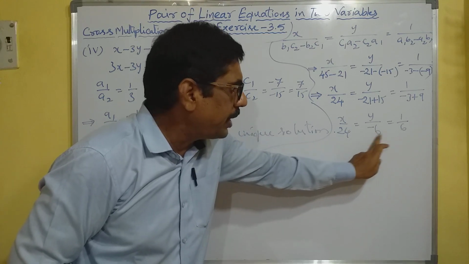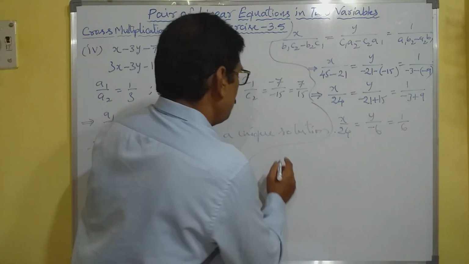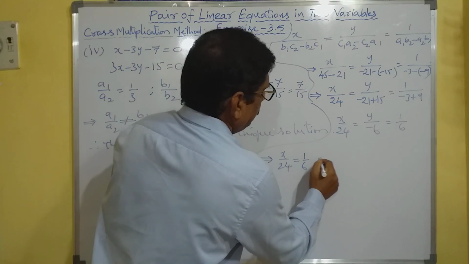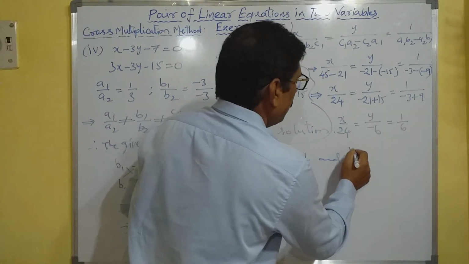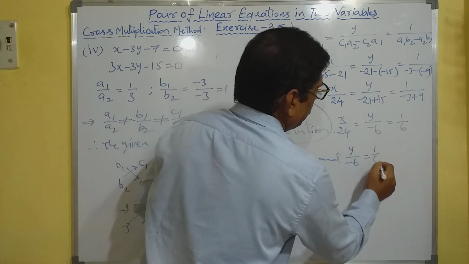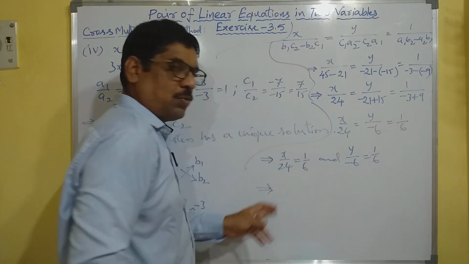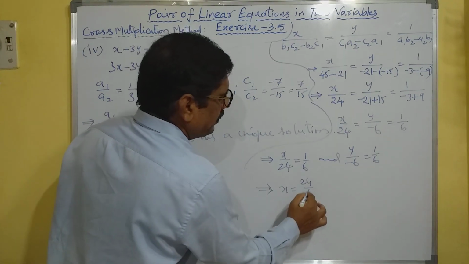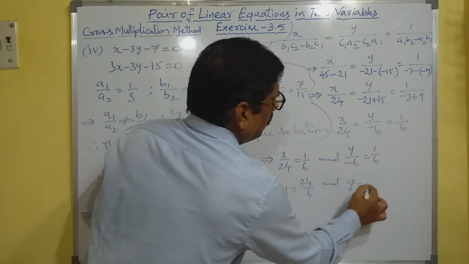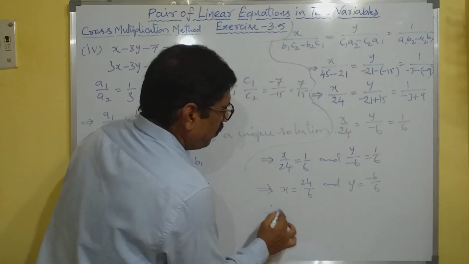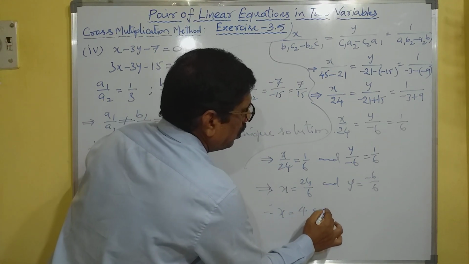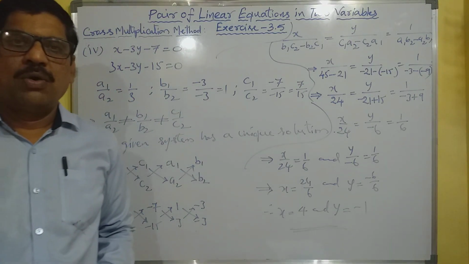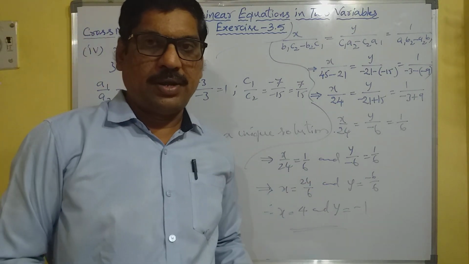After that we take the second one and last one to get the y value. This implies x by 24 is equal to 1 by 6, and the second one y by -6 is equal to 1 by 6. Now from this we get x is equal to 24 by 6 and y is equal to -6 by 6. Therefore x is equal to 4 and y is equal to -1. So this is the solution for the given pair of linear equations.